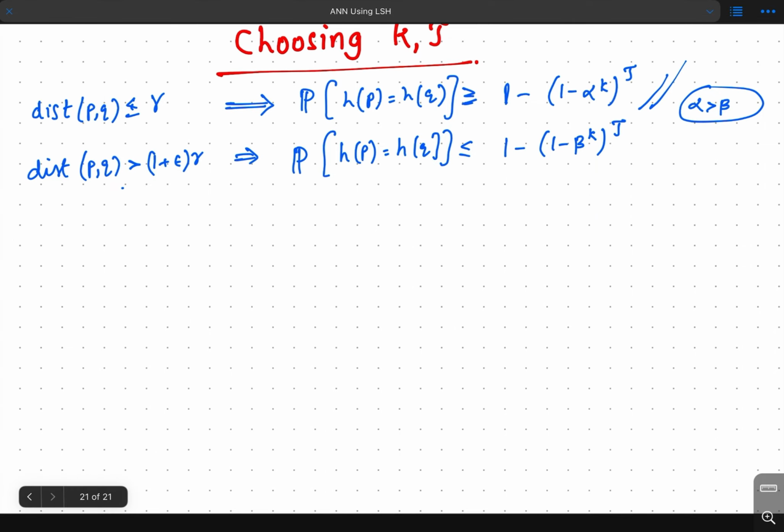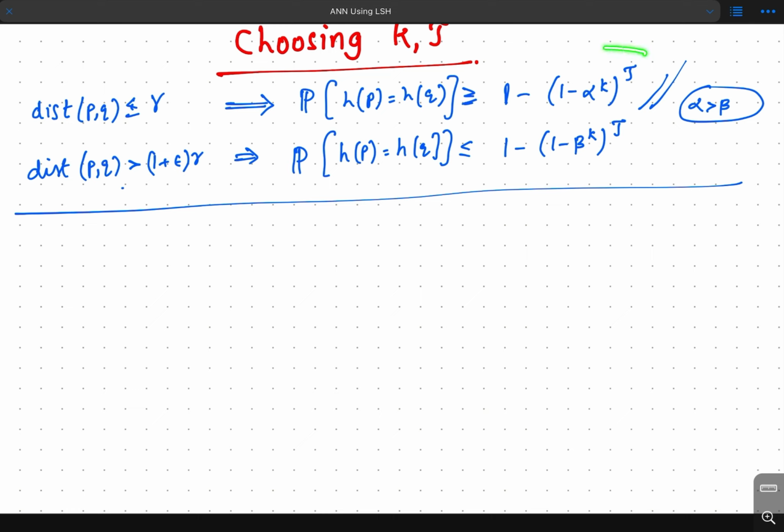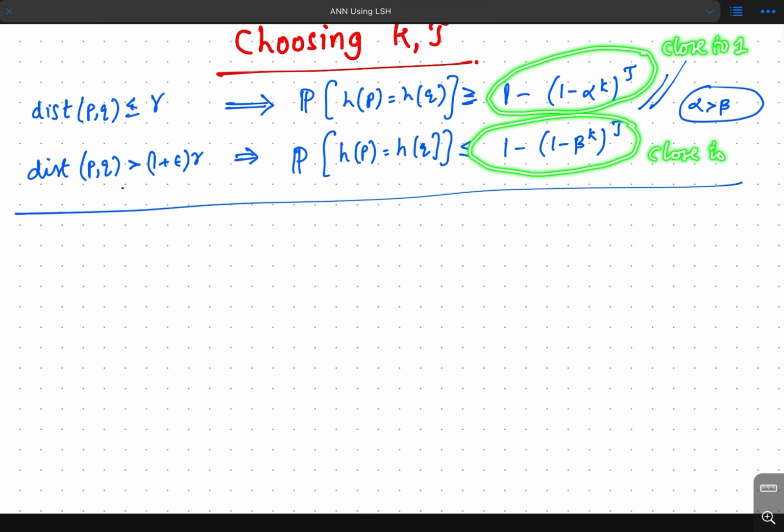So we want this to be close to 1 and we want this to be close to 0. So this makes our success probability high, close to 1.